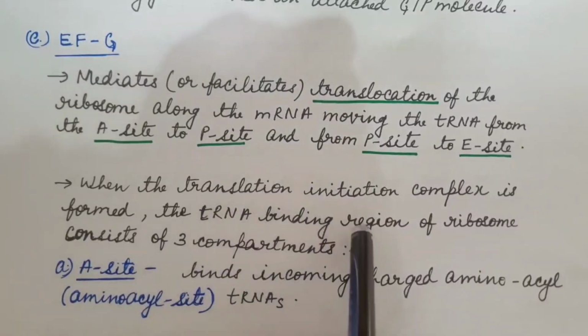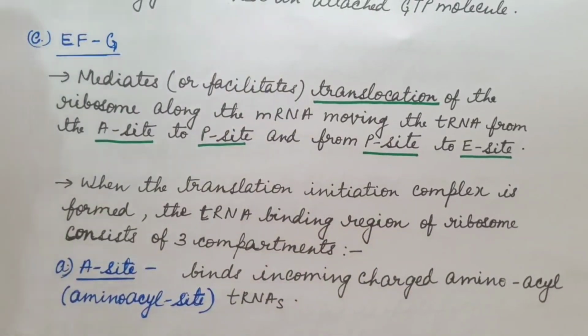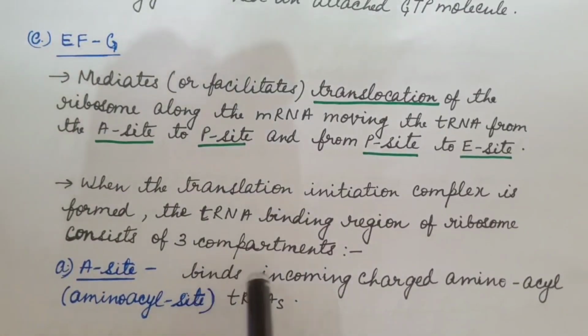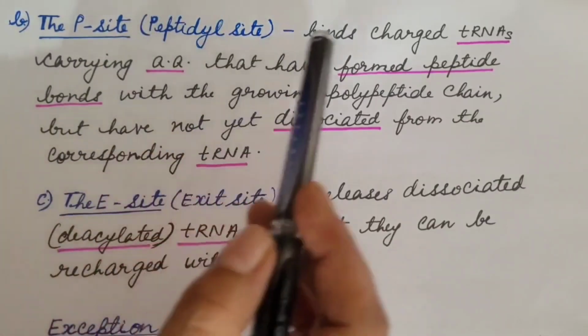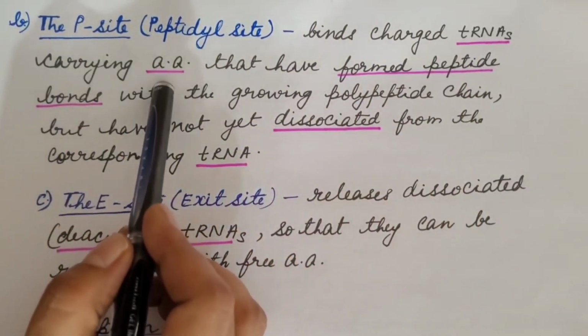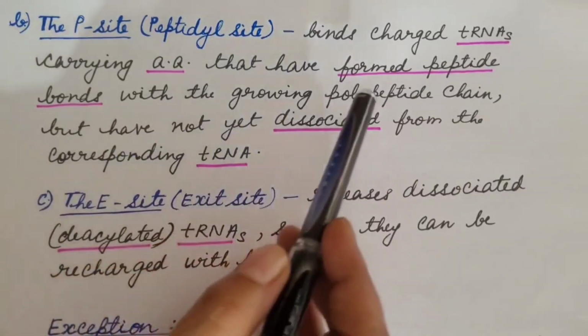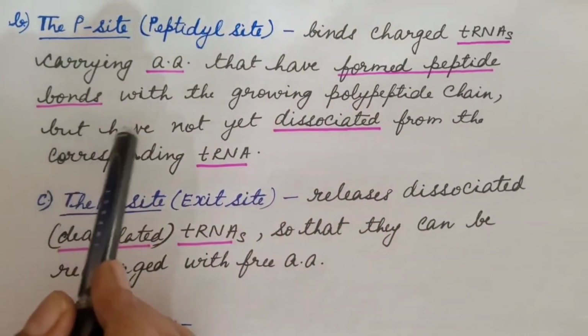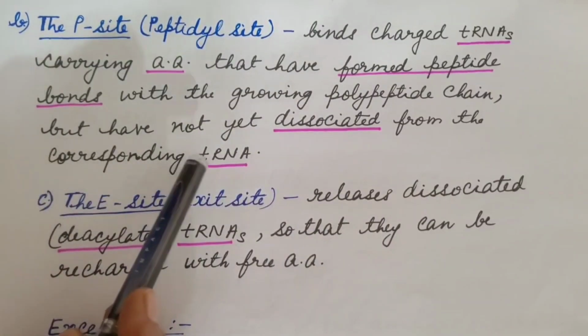The transfer RNA binding region of the ribosome consists of three compartments. First is the A site, that is aminoacyl site. It binds incoming charged aminoacyl transfer RNAs. Second is the P site, that is peptidyl site. It binds charged transfer RNAs carrying amino acid that have formed peptide bonds with the growing polypeptide chain but have not yet dissociated from the corresponding transfer RNA.